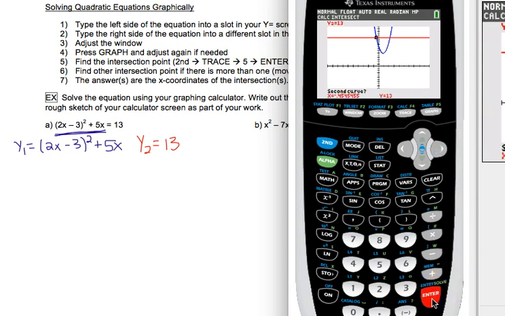So once, changes color, twice. Now it's saying guess, yes. So third time, and it gives us the intersection. So notice that the answers are the x coordinates of the intersection, not the y coordinate. So this doesn't come out nicely.